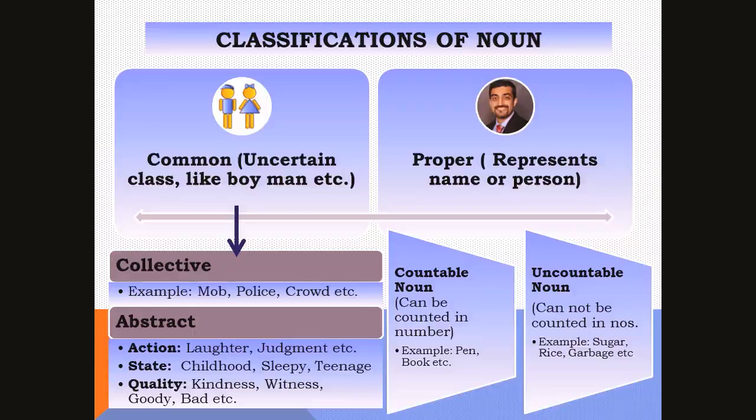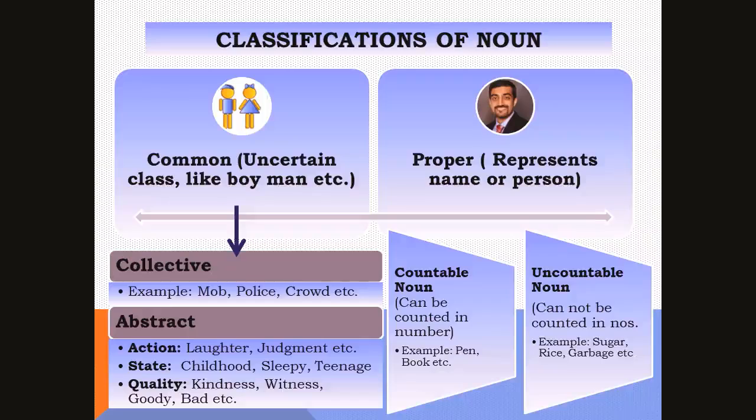Collective nouns like mob, police, crowd represent collective numbers. People say mob. It is not a single person. It must be a collective of persons. Police, crowd, these all are collective nouns.